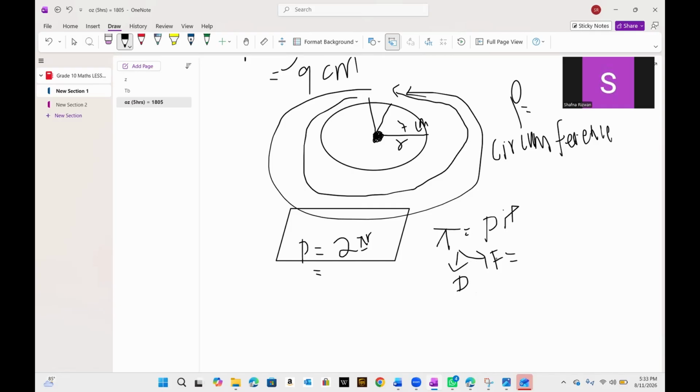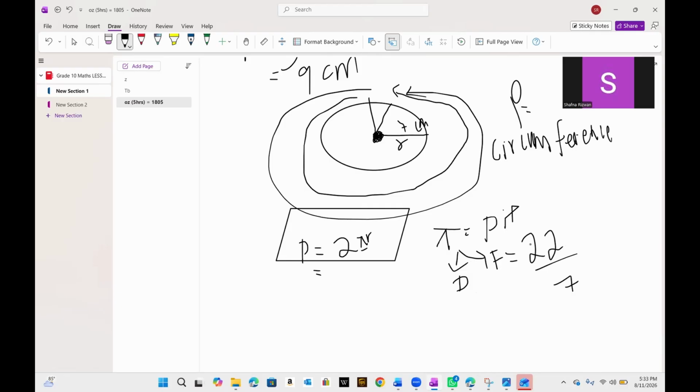So what is the value for pi? You shouldn't put pi. You have to use this value instead of pi. What is it? Pi equals 22 over 7. No need to do anything. Just go and put this instead of that pi.